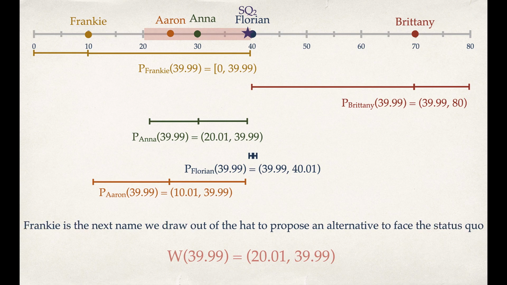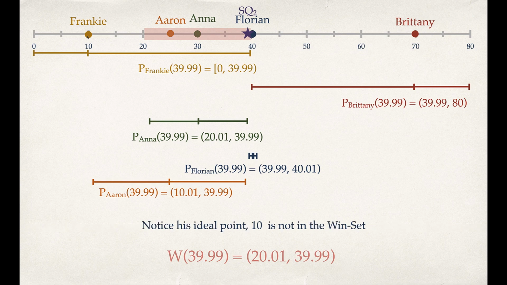So let's say we draw a name out of the hat, and this time it's Frankie. So Brittany went already. So we're going to hold her name out until everybody gets to go, and then we'll throw all the names back in the hat again. So Frankie goes, what should Frankie propose? Frankie, you might think, hey, 10 would be great, but 10 is not in the win set. 10 would fail. He would be wasting his turn, basically.